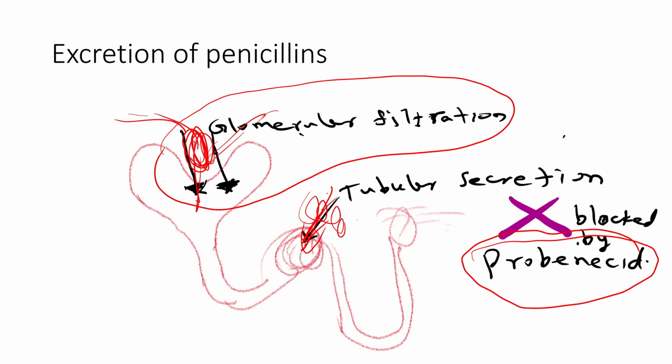For serious infections we use probenecid with the antibiotic, so the antibiotic excretion is diminished and we have a higher concentration of antibiotics. It was very popular in those days when antibiotics were not much available. Now we don't use it that much because there are a lot of other antibiotics, but we still use it.